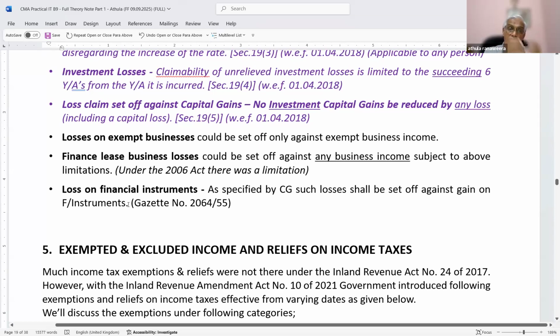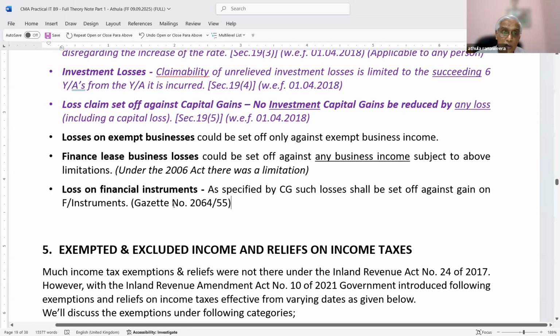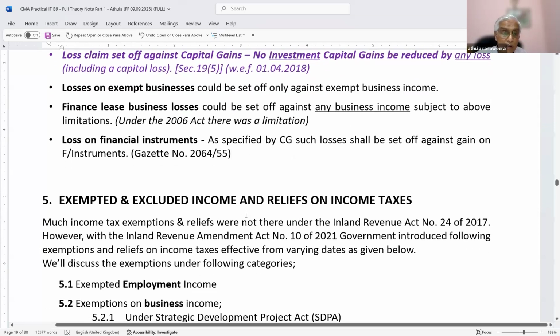The Inland Revenue Act has given room for the Commissioner General to specify it, and with that power, the Commissioner General specified it. If you incur a loss on a financial instrument, you can set it off only against the profit of another financial instrument, not against anything else. You can download this gazette notification. Are there any questions up to now?